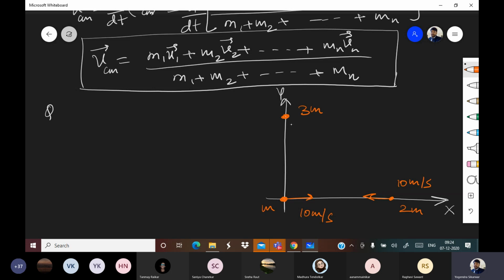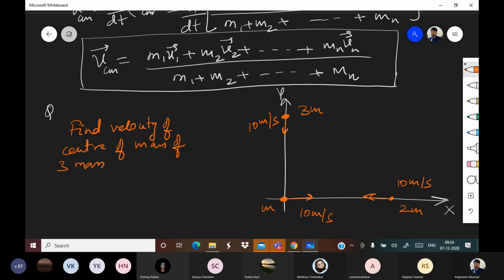And this is 3m, going with 10 meters per second. Find velocity of center of mass of three particles or masses. Okay. Find velocity of center of mass of three masses. Please find that.